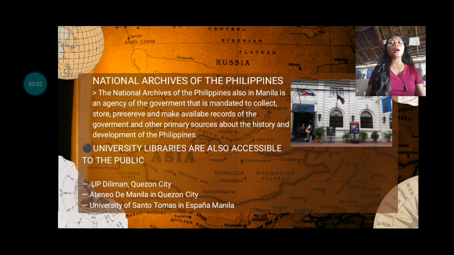Now we have university libraries that are also accessible to the public. First, we have UP Diliman in Quezon City, Ateneo de Manila in Quezon City, and University of Santo Tomas in España, Manila.